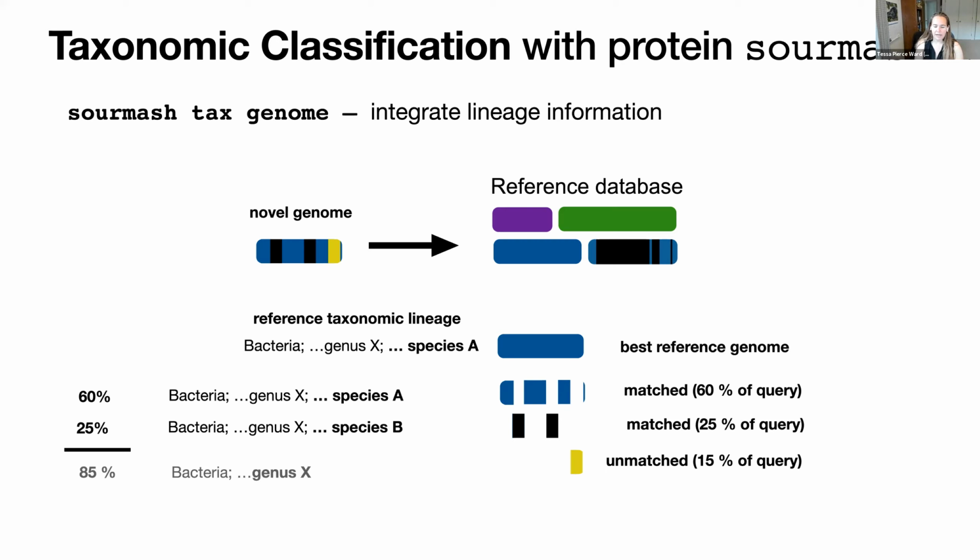So in this case, genus X has an 85% match. What we're using this for then is choosing a percentage threshold for when we consider sufficient query match, and we can assign that classification to our novel genome.